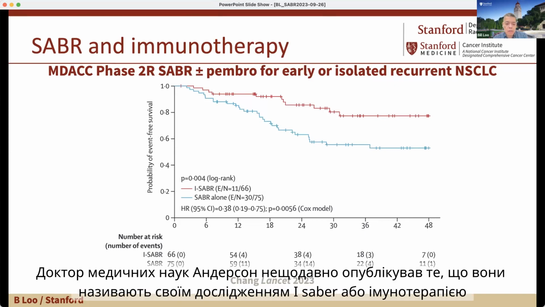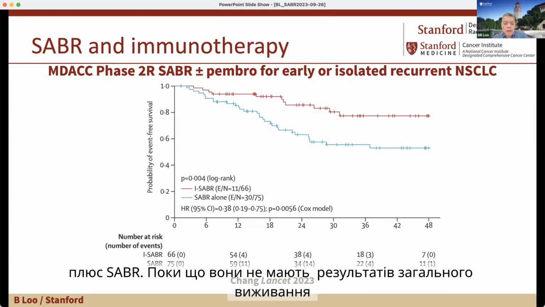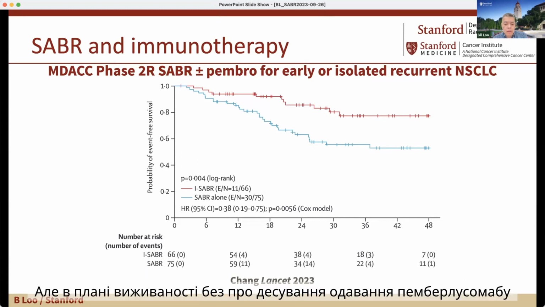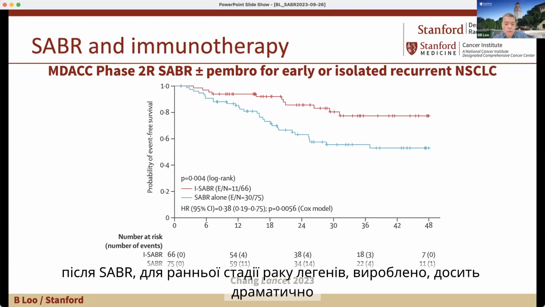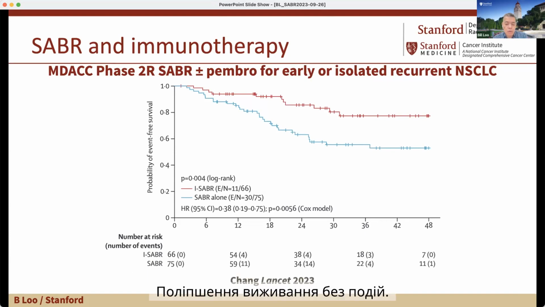MD Anderson recently published what they call their iSABR trial, or immunotherapy plus SABR. So far, they don't have the overall survival results yet, but in terms of event-free survival, the addition of pembrolizumab after SABR for early stage lung cancer produced a pretty dramatic improvement in event-free survival.